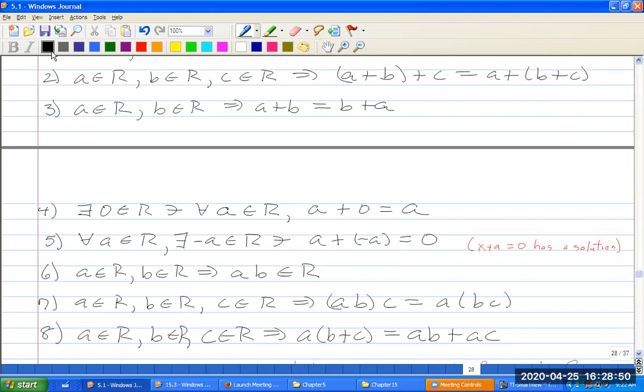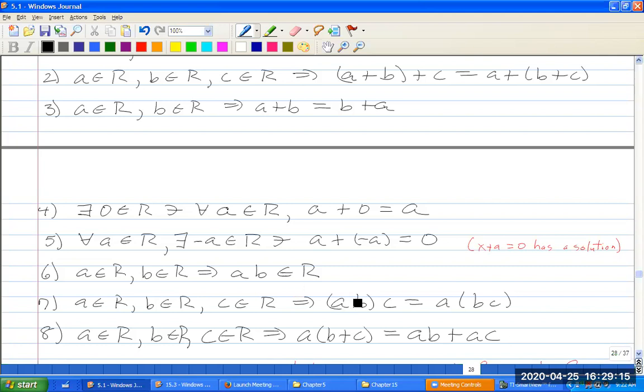Next, we have also the closure property for multiplication. So if A is in the set R and B is in the set R, then A times B is in the set R. We have the associative property for multiplication.